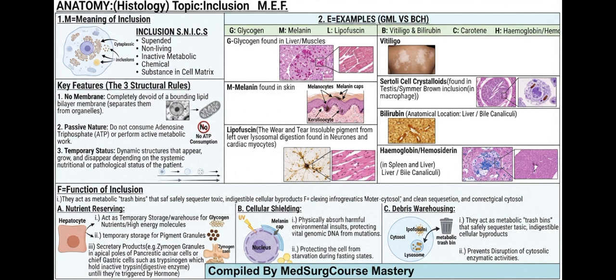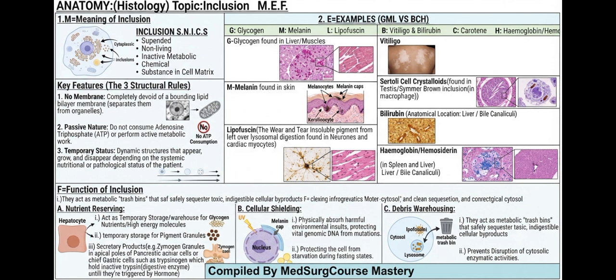As for the details in each of those sections, we'll be looking at them one more time in another clip, when we are making review of what we have retained. So we have functions: N for nutrient reserving, D for debris warehousing, and C for cellular shielding.